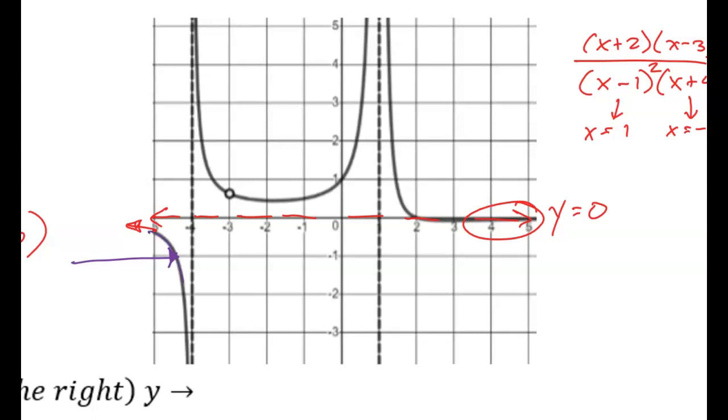Oh, -4. My bad. I was thinking of the wrong asymptote. So as we get closer and closer to -4, what's happening to the y value? It's going down, approaching what? Negative infinity. So we say, as x approaches -4 from the negative side.